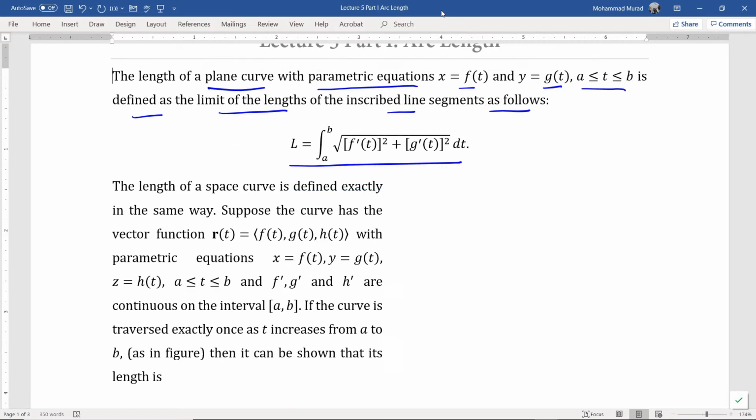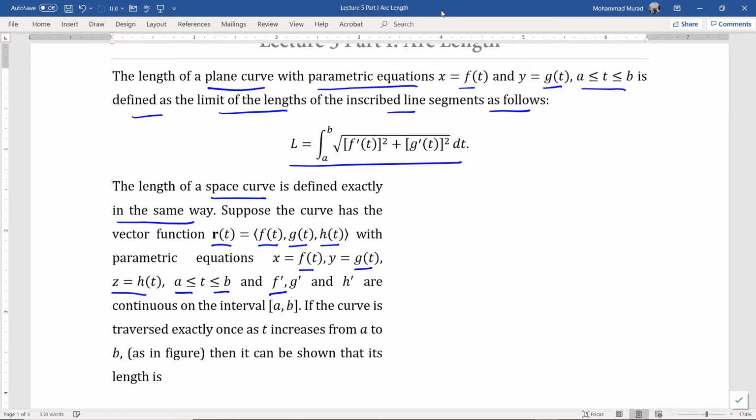The length of a space curve is defined exactly in the same way. Suppose the curve has the vector function r of t, whose components are given as f of t, g of t, h of t, with parametric equations x equals f of t, y equals g of t, and z equals h of t, where t is greater than or equal to a, but smaller or equal to b.